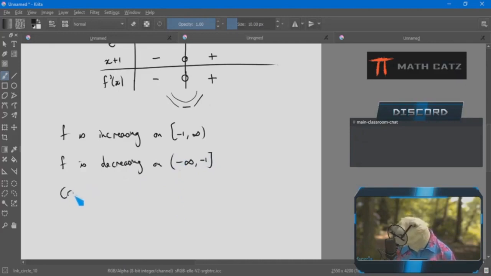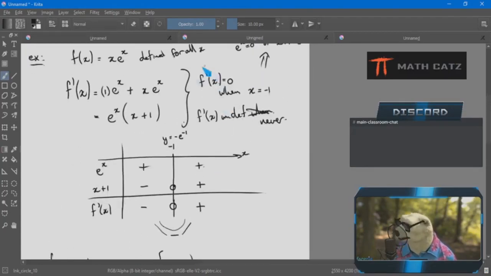Critical point? Yes. It's at x equal to -1 because it came out of my check of the derivative and there is an actual y value. There is a point. Critical point.